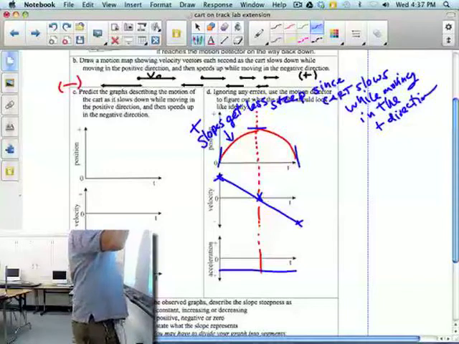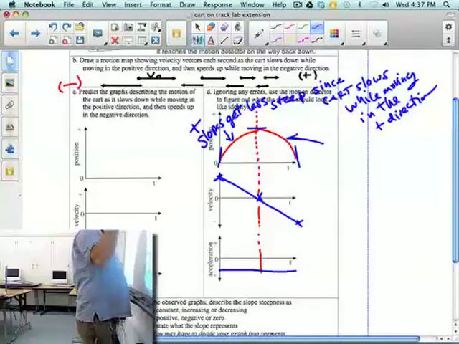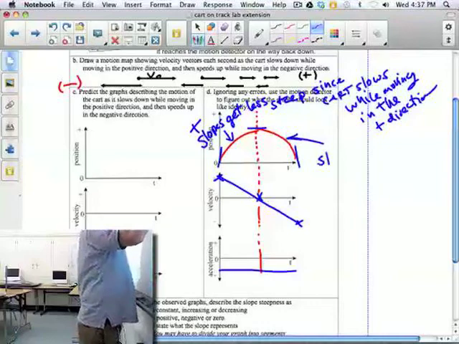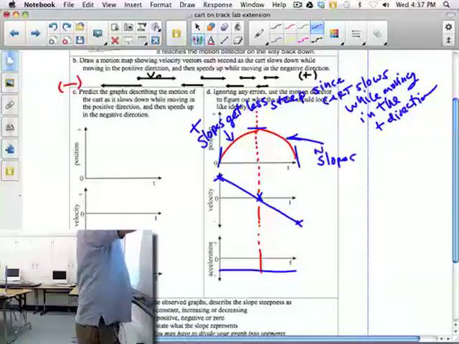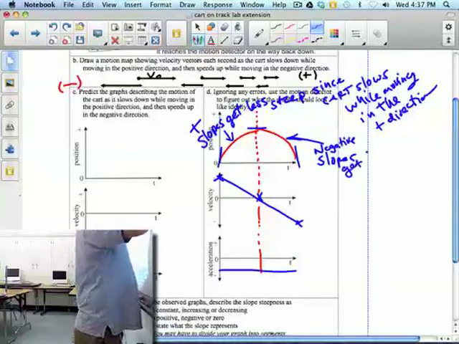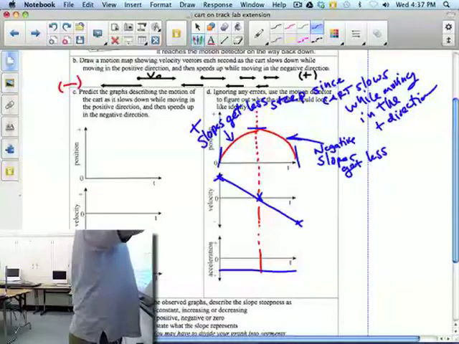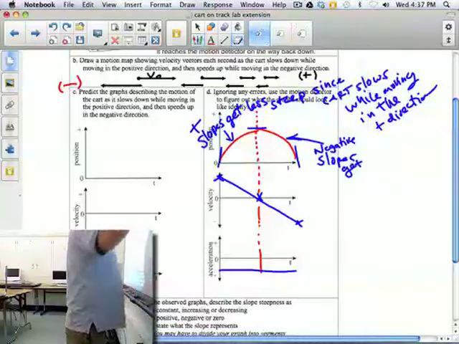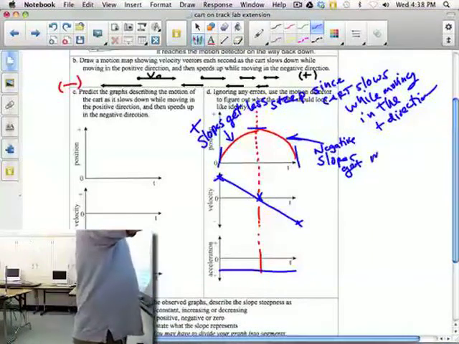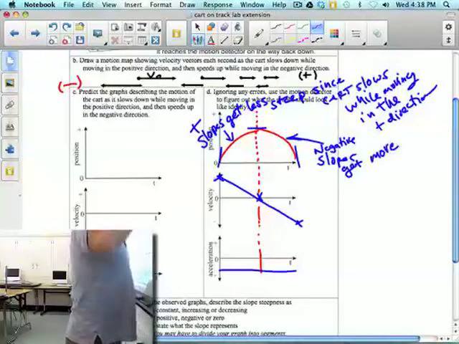Okay, on this side of the graph, slopes which happen to be negative get less, no, these slopes are getting more steep. Because on the way down, the cart speeds up.